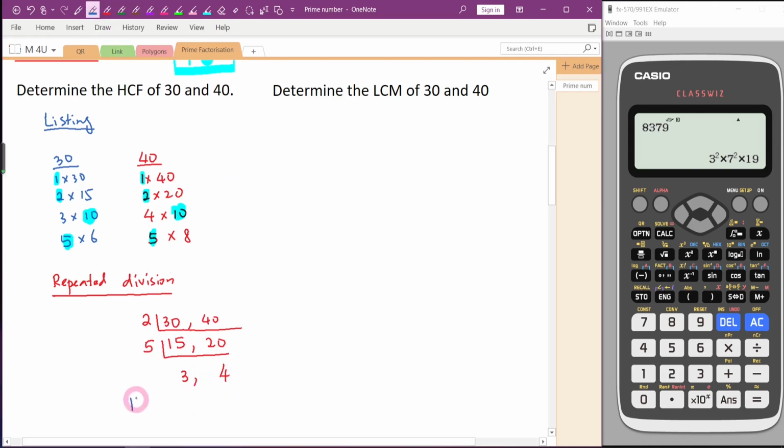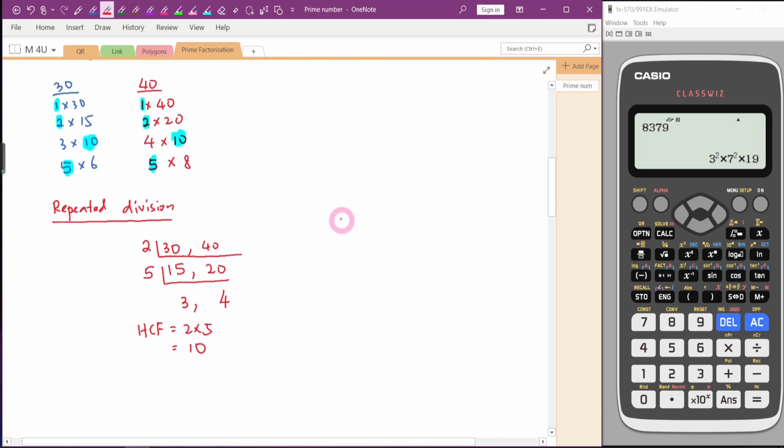Therefore, the highest common factor, okay, let me use back the red color. The highest common factor is equal to 2 times 5, which is equal to 10. Let me show you the last method, which is prime factorization.